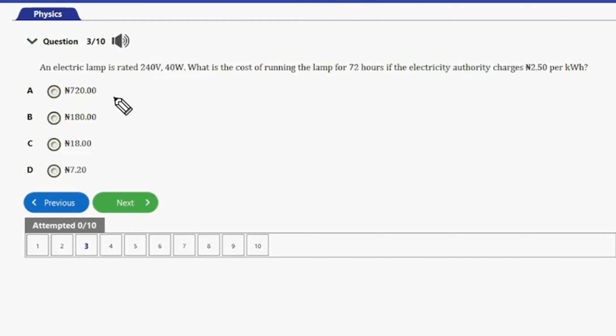So since this is 40 watts, in order to convert it to kilowatts, we divide it by 1000, and that's 0.04 kilowatts. So since this is 0.04 kilowatts, the total cost of this will be 0.04 times 72 times 2.5, that's 2 naira 50 kobo.